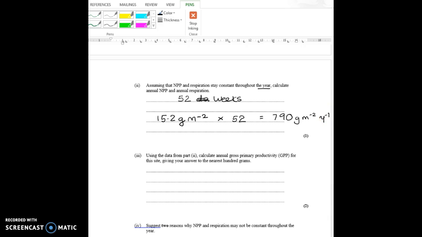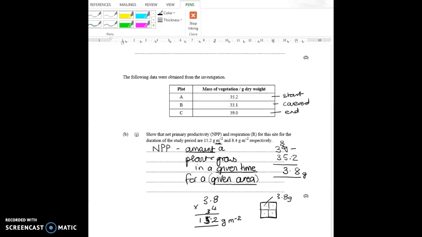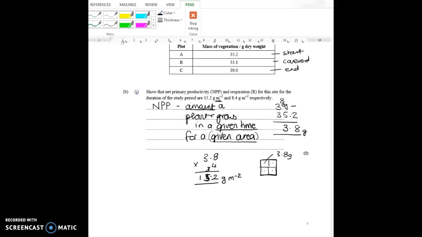For respiration, let's go back to this respiration question. We need to show that the respiration in 1 week is 8.4. This was the one that was covered. So covered, 33.1.